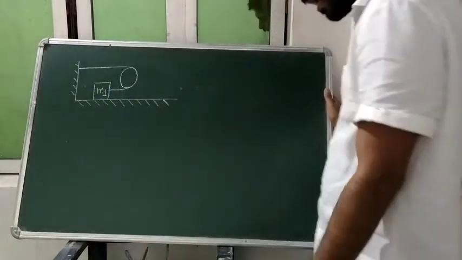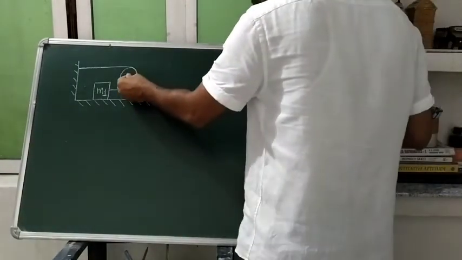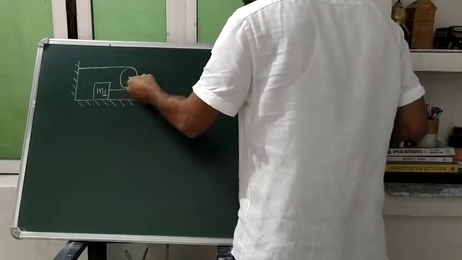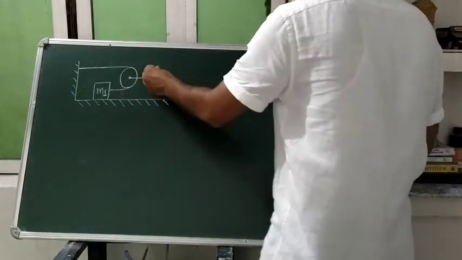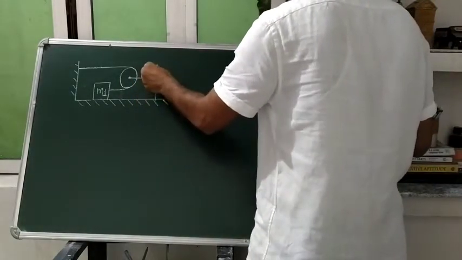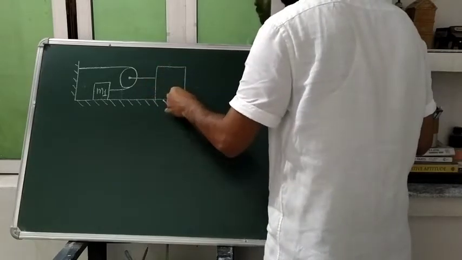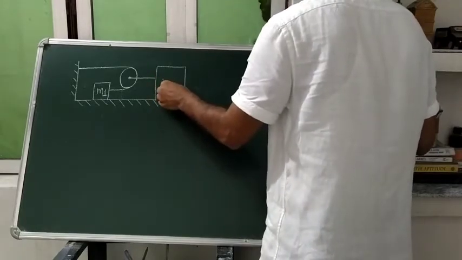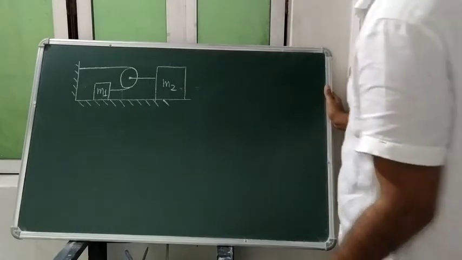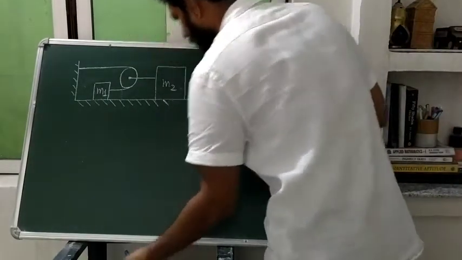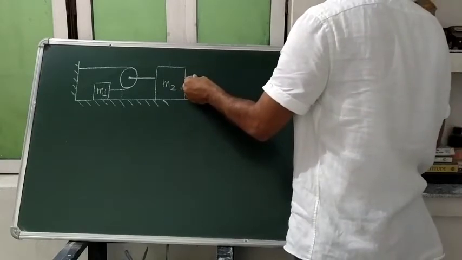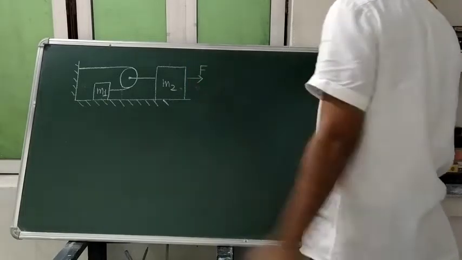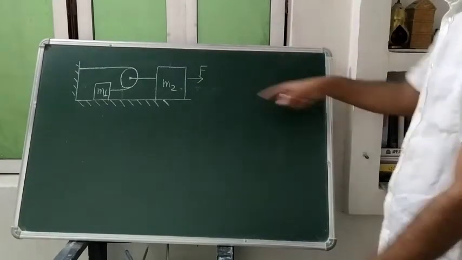With this pulley, another string is attaching a block of mass m. And suppose, students, the question is saying that a force has been applied here. We are pulling the mass m.